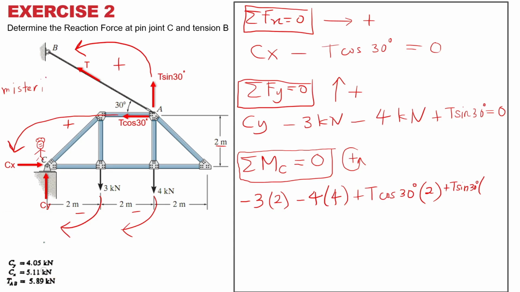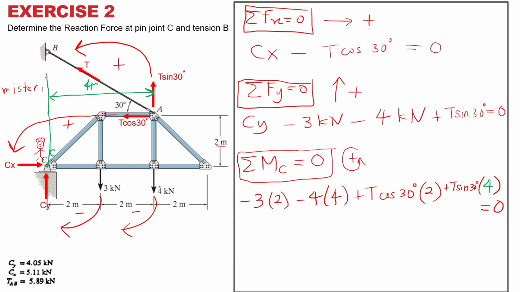Okay, so this is the distance that you have to look for. The distance is actually up until the location where we took moment, which is at C. So 4 meter, you have to put 4. And equals 0. Summation of moment is 0.